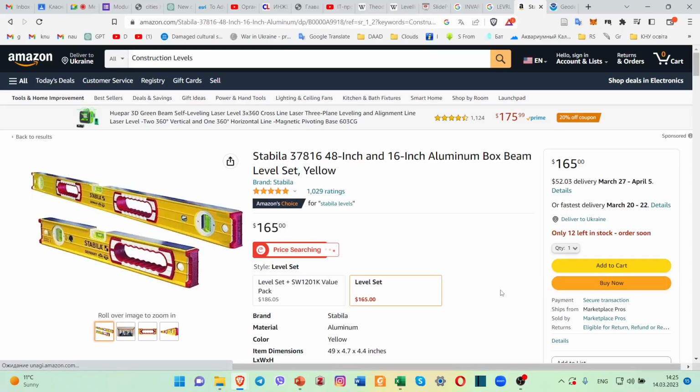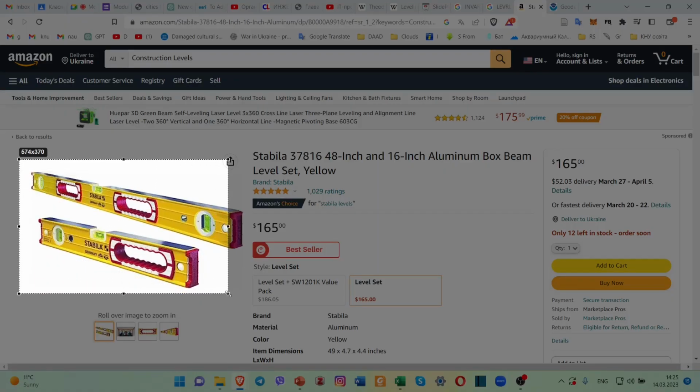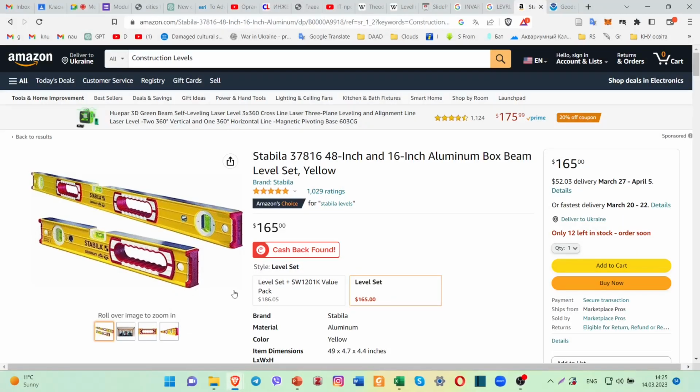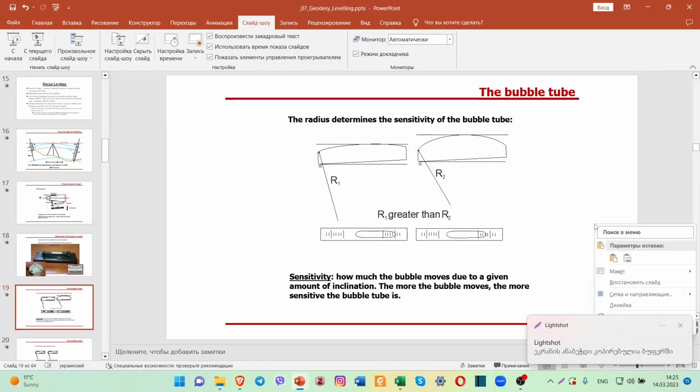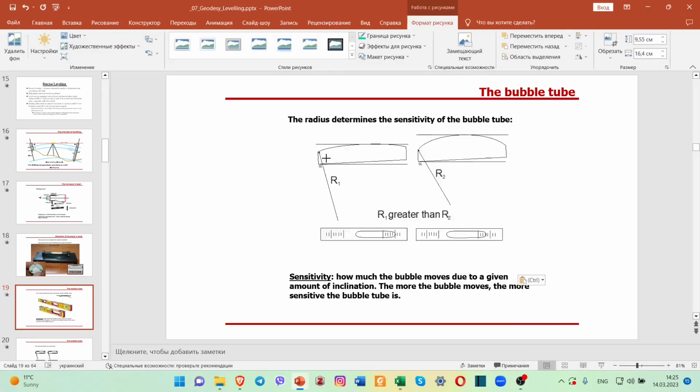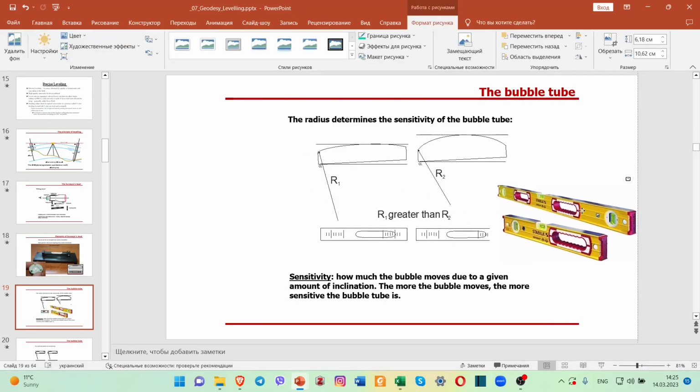Well, because this level has a small radius, this level is not very sensitive. Well, sensitivity is how much the bubble moves due to a given amount of inclination.